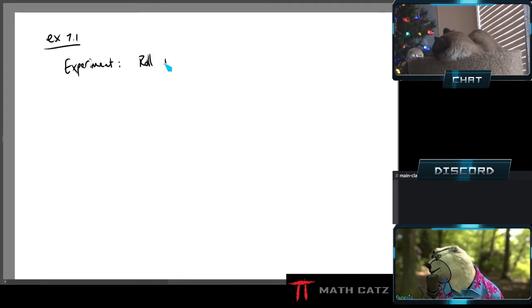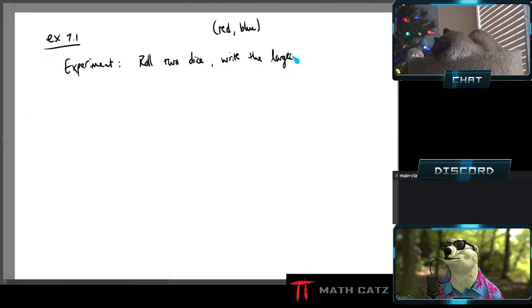Let's say we have one red one and one blue one. And then we write down the largest number that I see.